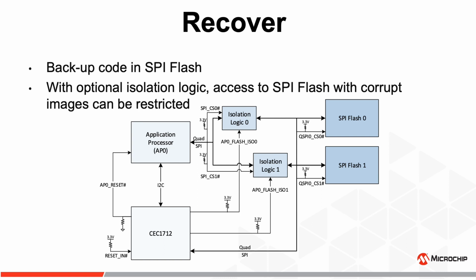So to ensure complete recovery of a system, you need to make sure that you have full redundancy of the images with a second SPI flash, and that with the optional isolation logic, you can restrict access to the SPI flash that has corrupted images. In other words, following the NIST 800-193 Platform Firmware Resiliency Guidelines, we have the ability to completely remove the corrupted SPI flash from accessing the rest of the system.